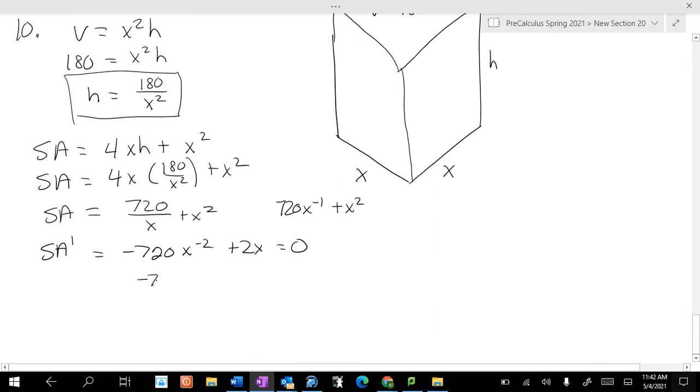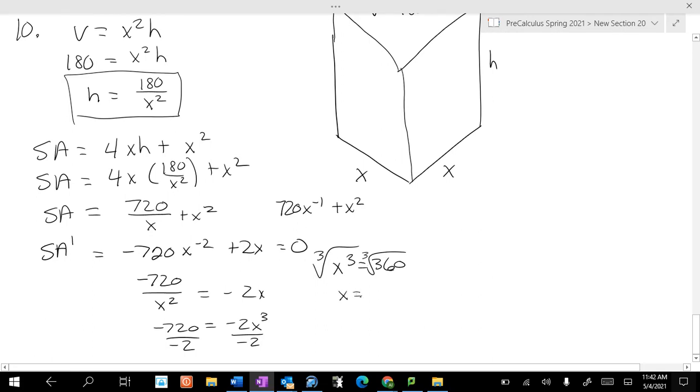So negative 720 over x squared equals negative 2x if we move the 2x to the other side. Multiply both sides by x squared. Negative 720 equals negative 2x cubed. Divide by negative 2. x cubed equals 360. Right? Take the cube root. What's the cube root of 360?